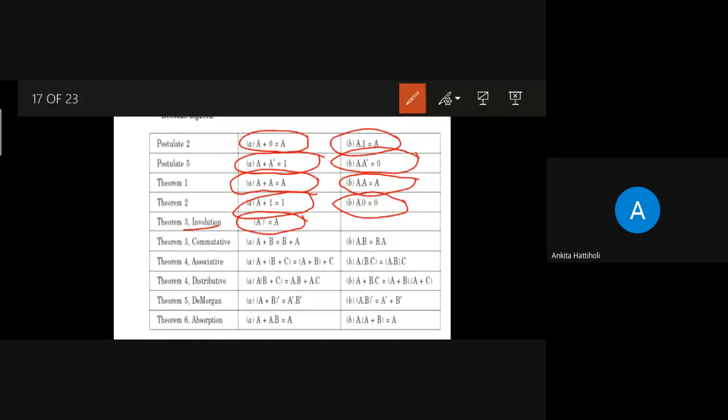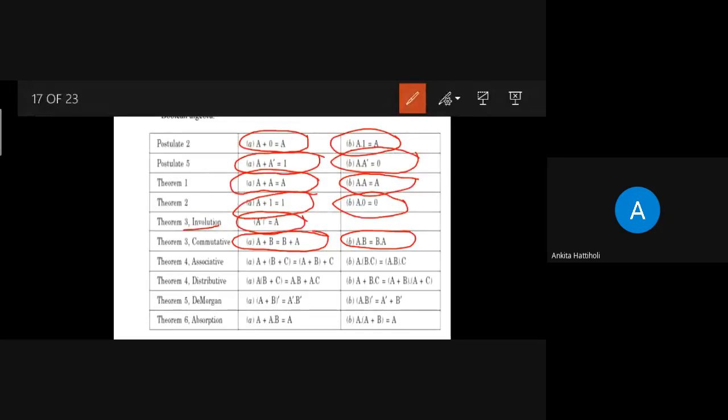Next one is your commutative law, which says A plus B is equal to B plus A, or A dot B is similar to B dot A. This is your commutative law.